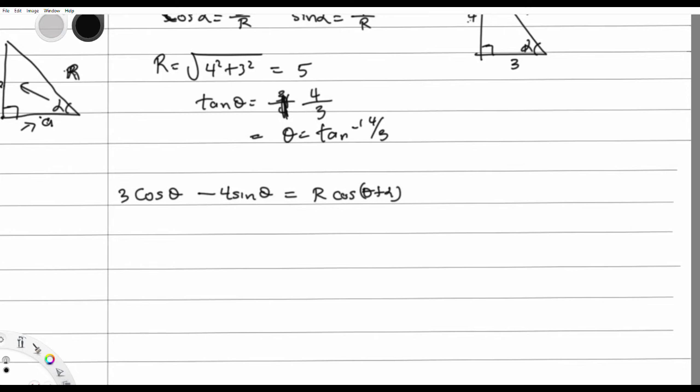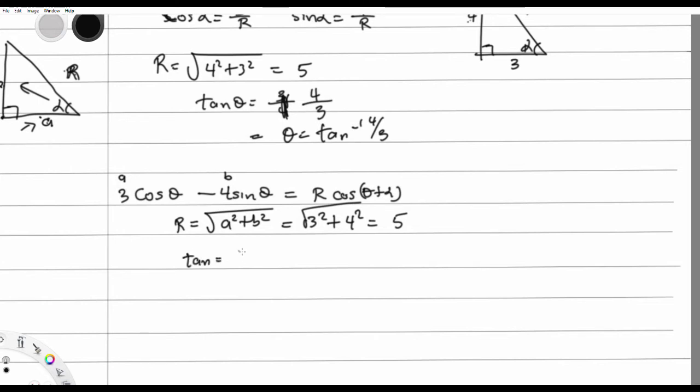Find r, find alpha, any of them. It is actually very simple. Your r is looking directly at you and your theta is looking directly at you. This one is your A, this one is your B, then r equals square root of a squared plus b squared, and that's 3 squared plus 4 squared, which equals 5. That's just it.